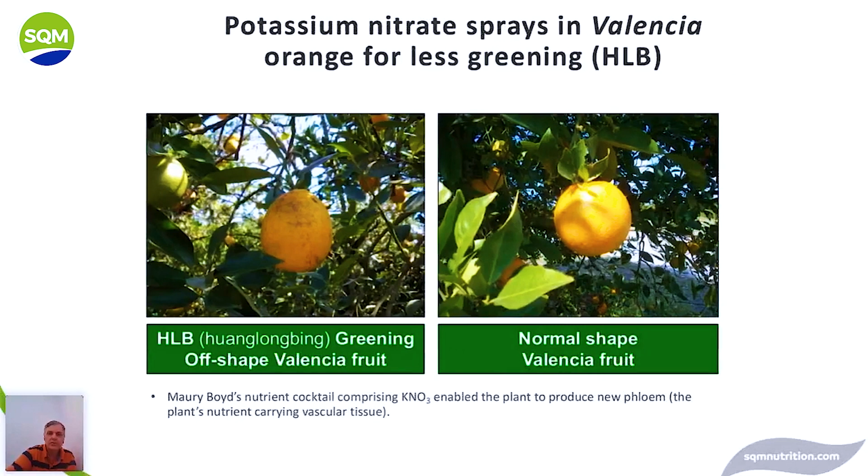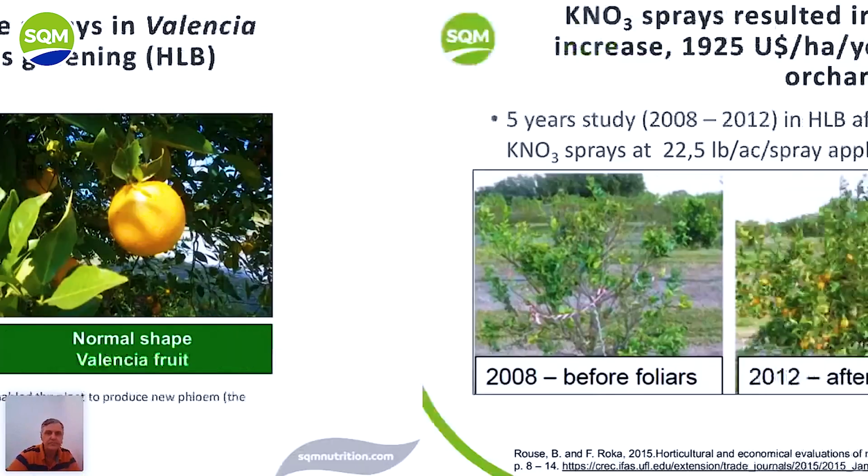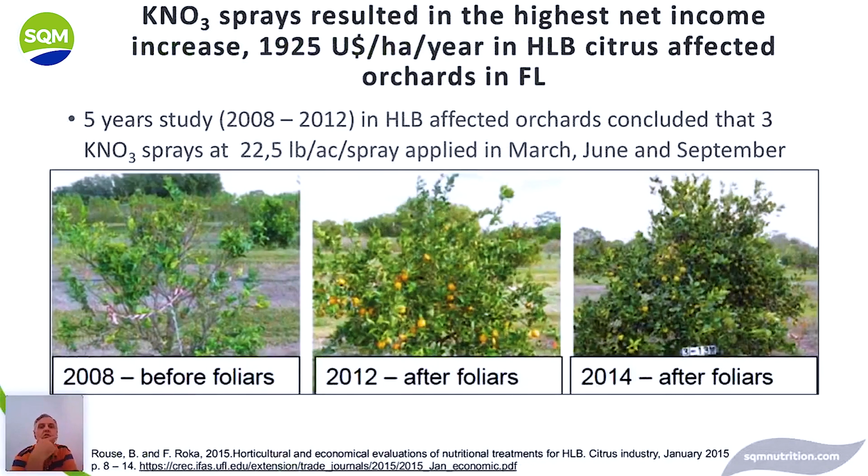Another trial evaluated the effect on the plant's resistance to greening, the HLB. It's a 5-year trial. In the first picture, 2008, you can see the tree affected by HLB, the greening effect, and then they started to do the treatments with foliar applications.